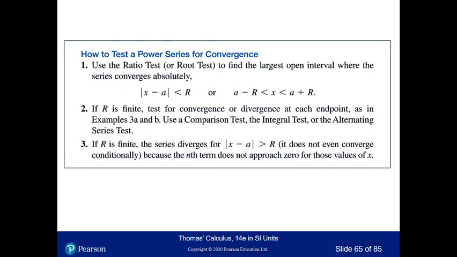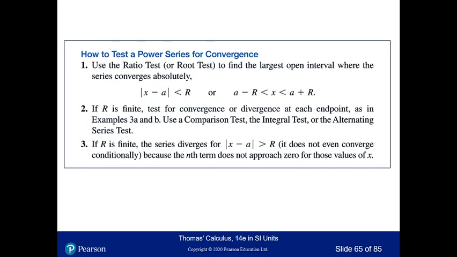So how are we going to test a power series for convergence? We can use the ratio test or a root test to find the largest open interval where the series converges absolutely. So we can just consider a_n as we had, and we just use the ratio test for that.